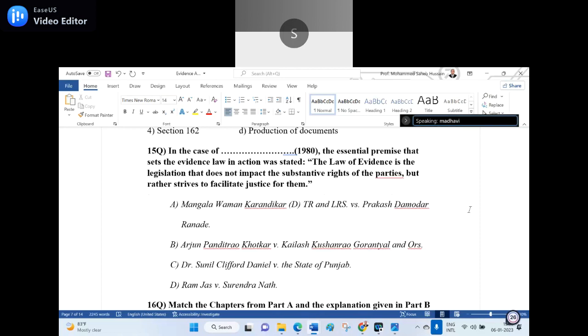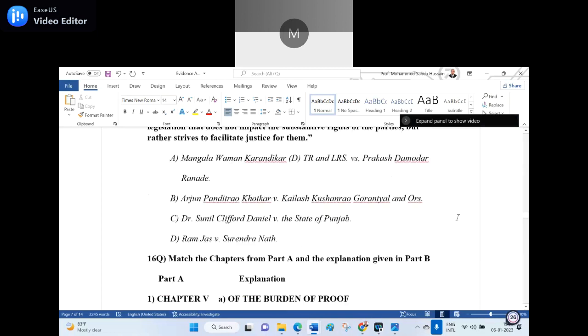Option A, Mangala Waman Karandikar versus Prakash Damodar Ranade. Wrong. Option D, Ramjas versus Surendranath, it is decided. The law of evidence is the legislation that does not impact the substantial right of the parties, but rather strives to facilitate justice for them. It is decided in option D, Ramjas versus Surendranath case law.